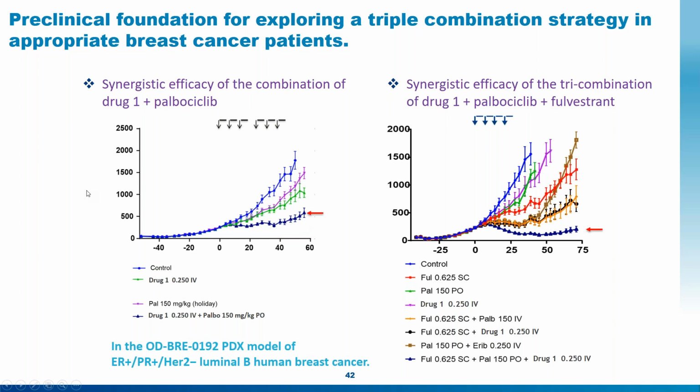And how can I combine my compound with the standard of care that is classically used to treat this type of patients, mainly palbociclib and fulvestrant? Here you can see that drug one clearly synergizes with palbociclib or with the combination of palbociclib plus fulvestrant.